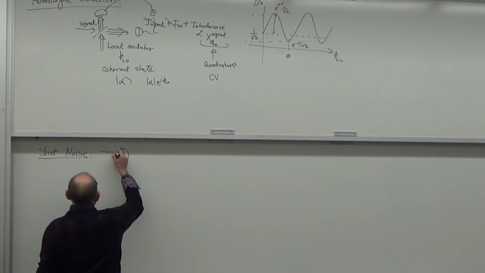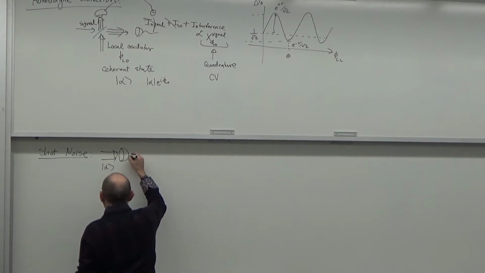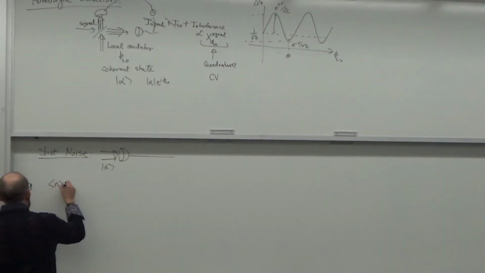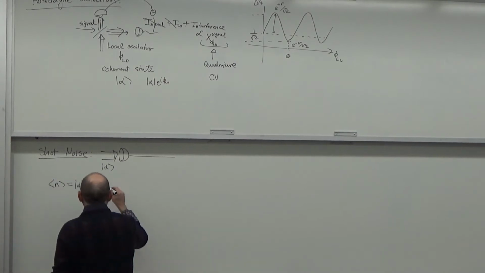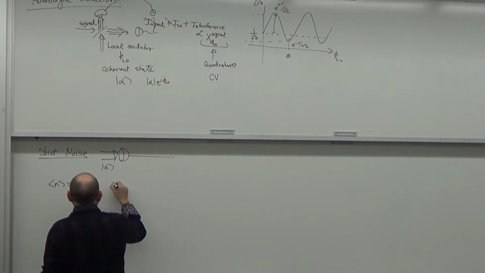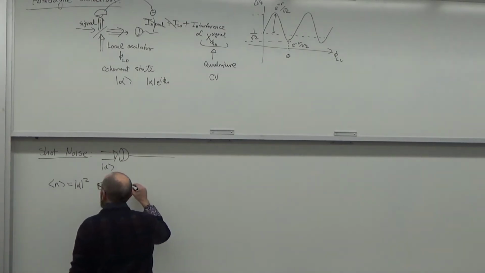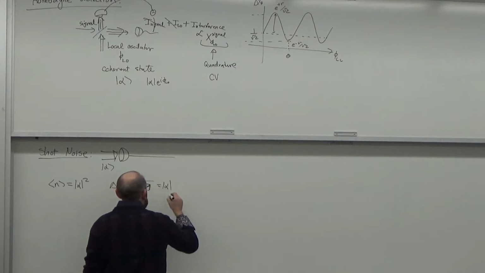If I send some kind of coherent state onto a square law detector, the mean number of photons is the intensity, the magnitude squared, and the fluctuations, if it's Poisson, if it's a coherent state, is the square root of the mean.